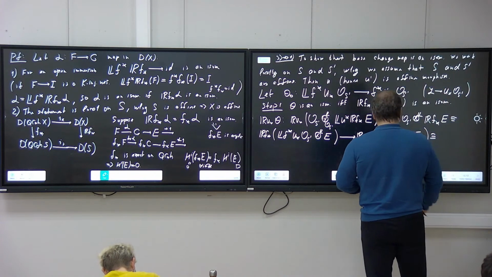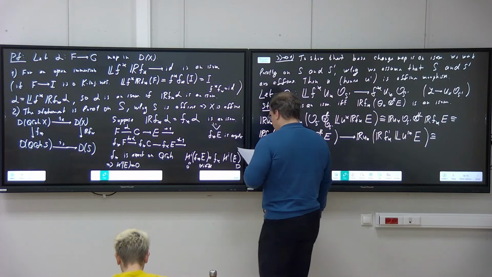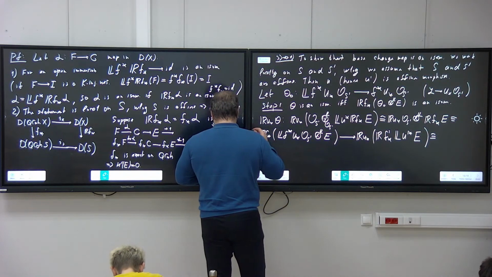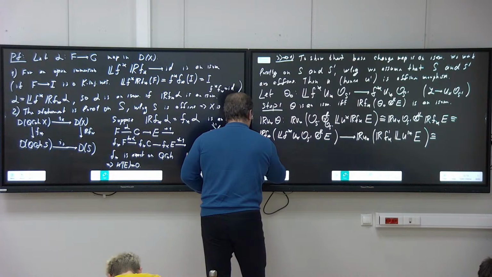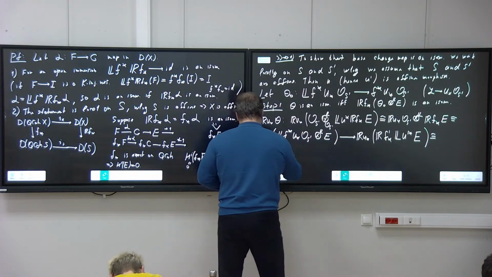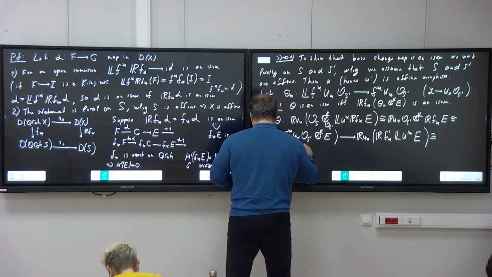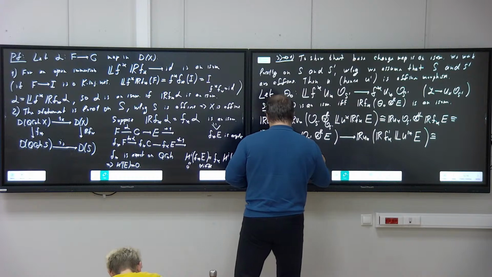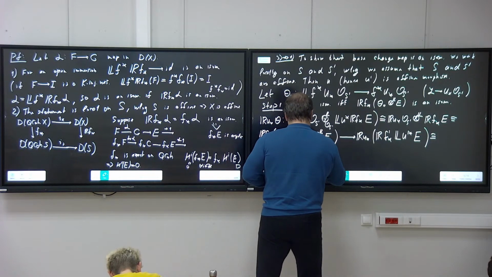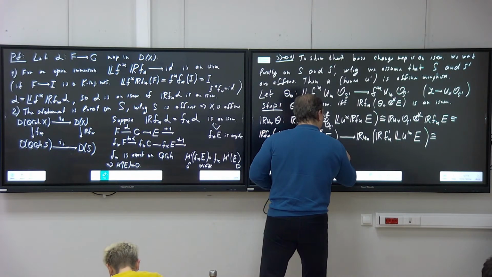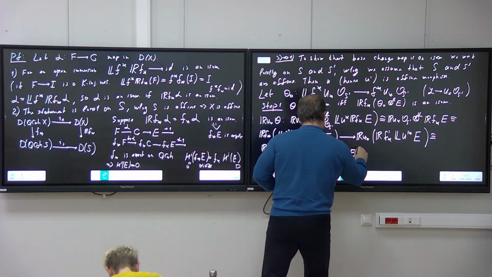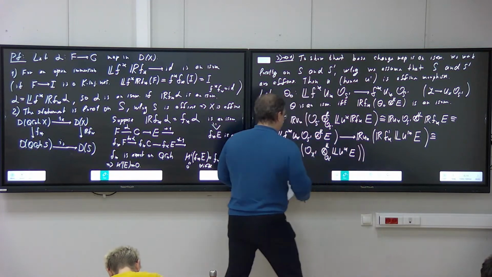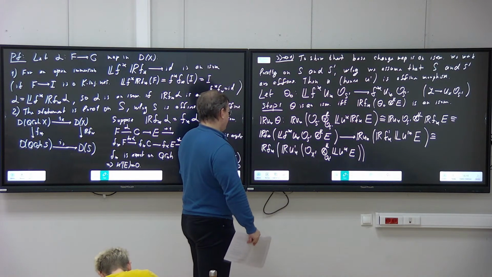So this is isomorphic to R F lower star applied to the R U prime lower star, applied to the tensor product of O X prime with the L U prime upper star E. That's the formula, and I don't see immediately why that's the correct formula.